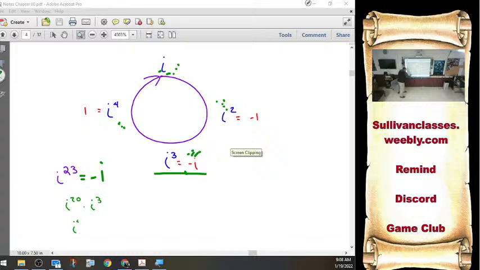Well, this is i to the 4th to the 5th, right? I multiply exponent raised to an exponent. So if i to the 20th is i to the 4th to the 5th, then this is 1 to the 5th, then this is just 1. What I do is break it into an exponent that's a multiple of 4 and an exponent that's not a multiple of 4. Alakazam, i to the 23rd is i to the 3rd, or negative i.